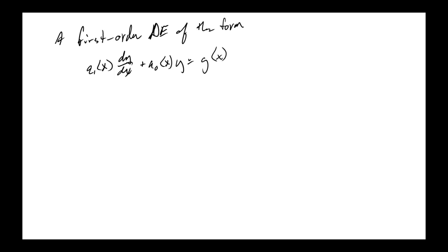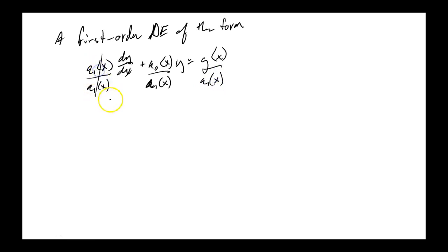Now that's not quite in standard form though. So how do we get it into what we call standard form? Divide everything on both sides of the equation by your a1 of x, assuming that a1 of x is not equal to 0.